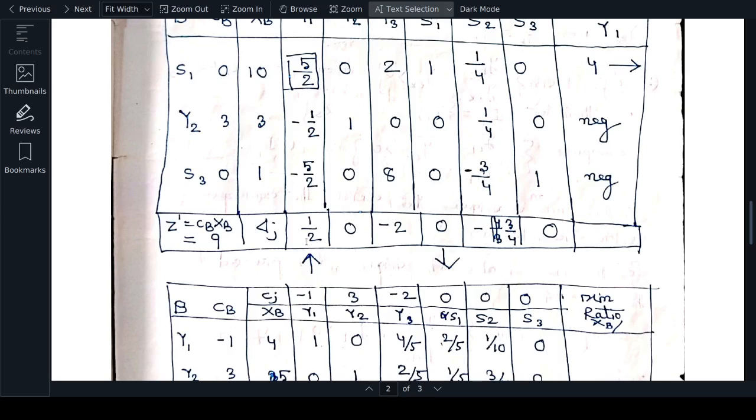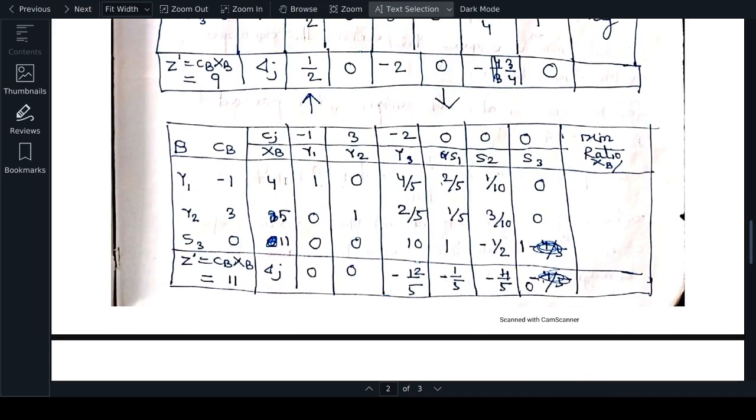Okay. So from the third table, can we get the optimal solution? Yes, sir. Yes, we get an optimal solution. So why do we get an optimal solution?